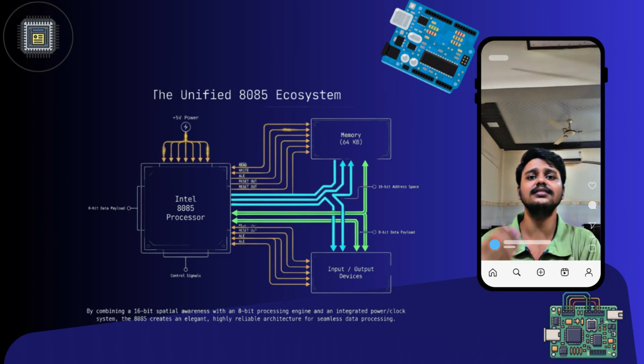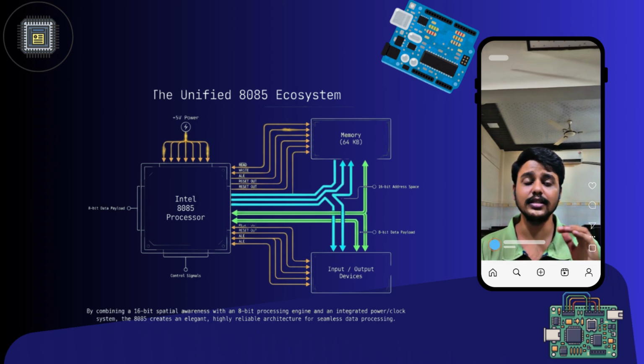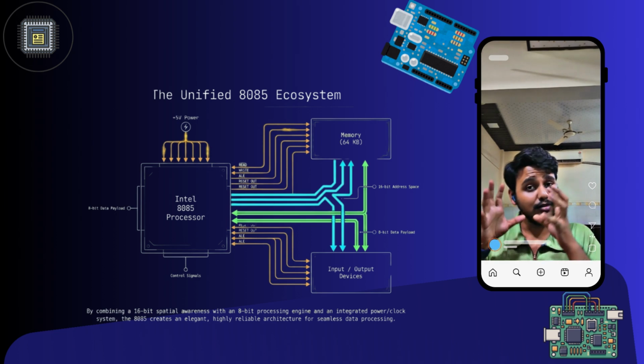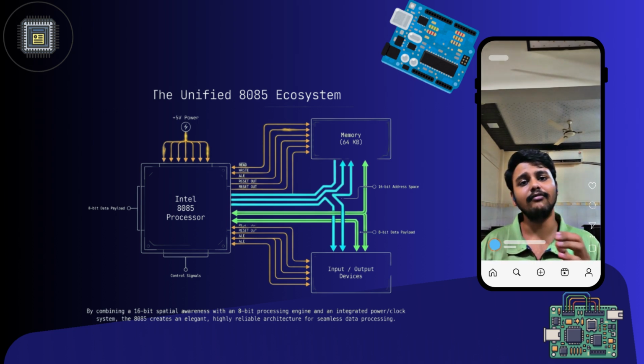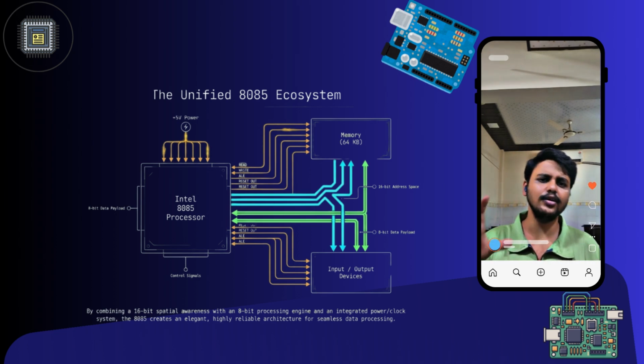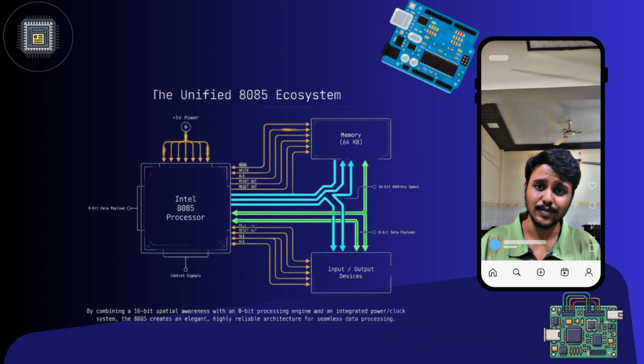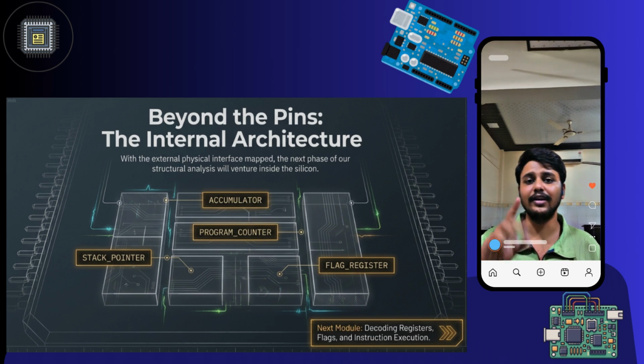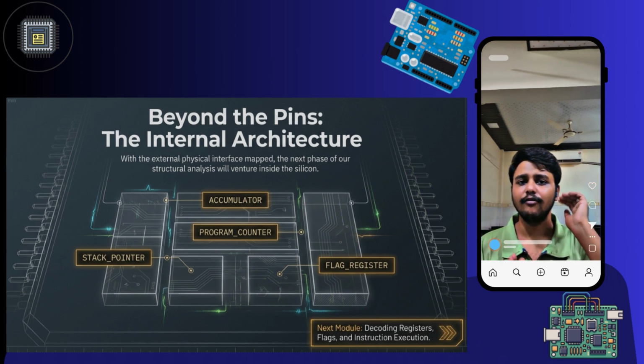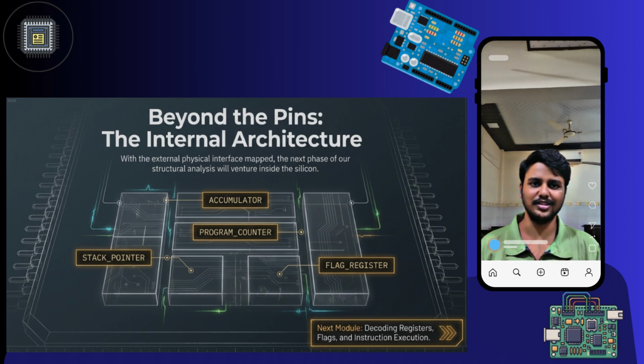Additionally, the instruction set of 8085 was enhanced and the processor became much easier to interface with memory and input-output devices. Because of these improvements, the 8085 became more reliable, easier to use, and more suitable for educational and embedded system applications. Overall, the 8085 represents a significant step forward in the evolution of microprocessors.